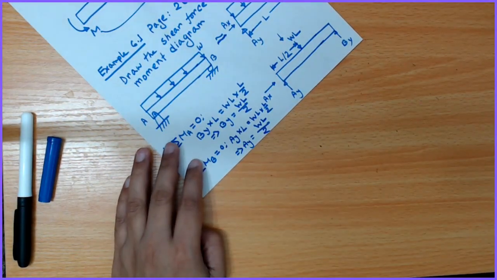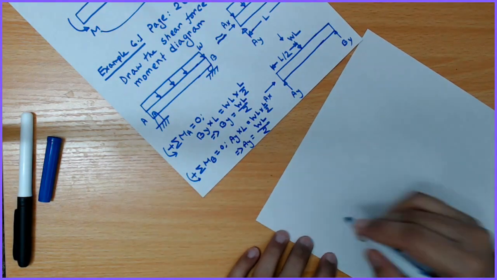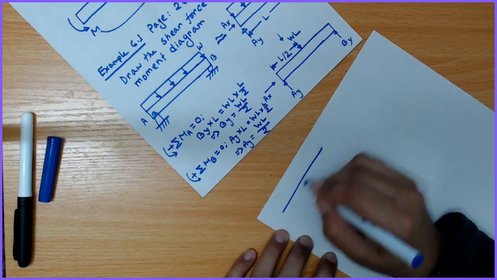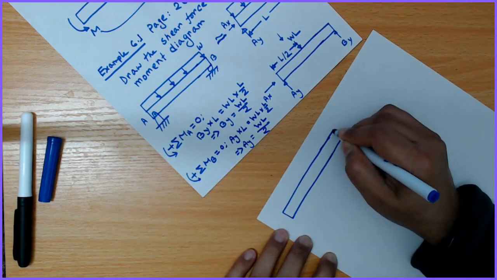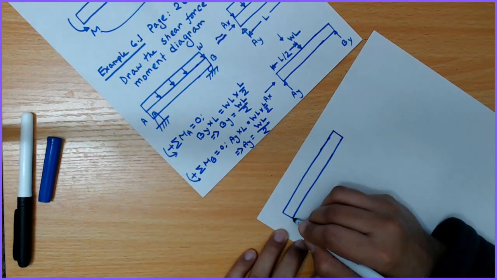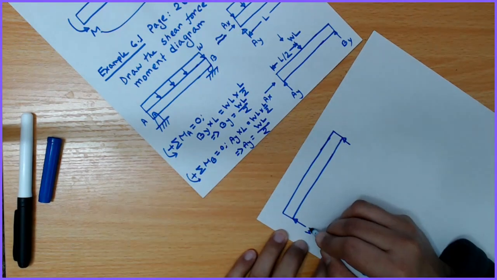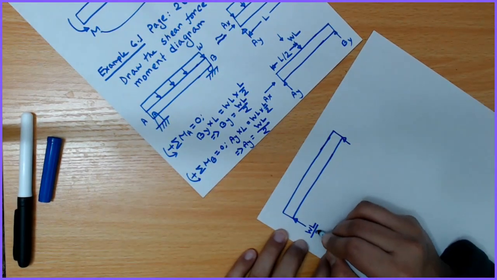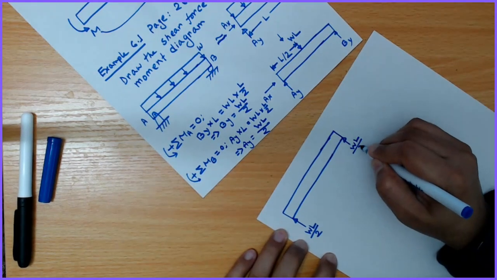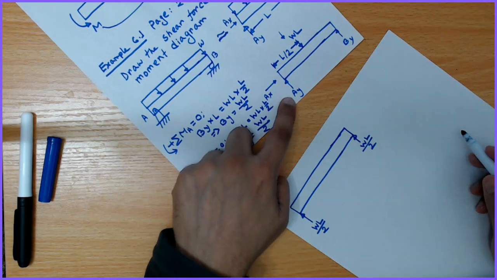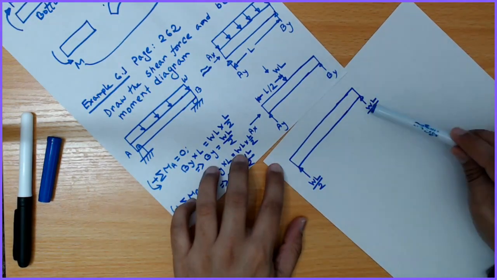So we got the reaction forces. So this is WL by 2, this is WL by 2, because AY is equal to WL by 2, BY is equal to WL by 2.